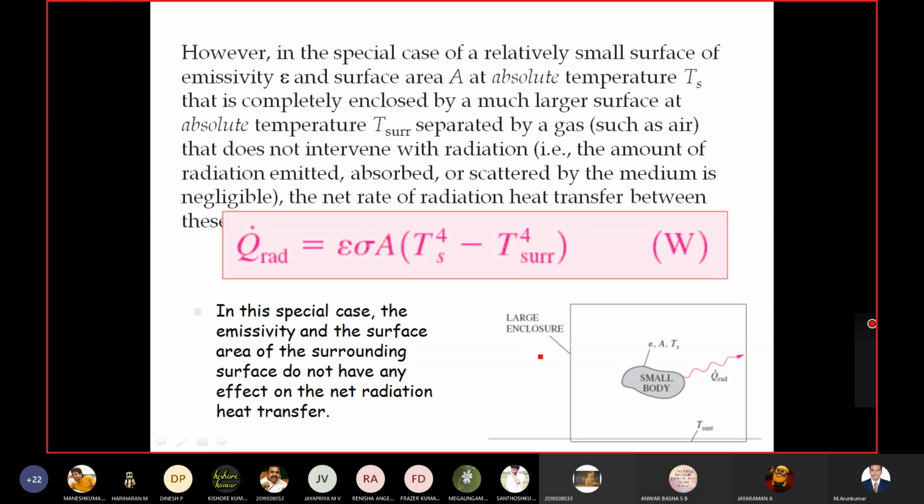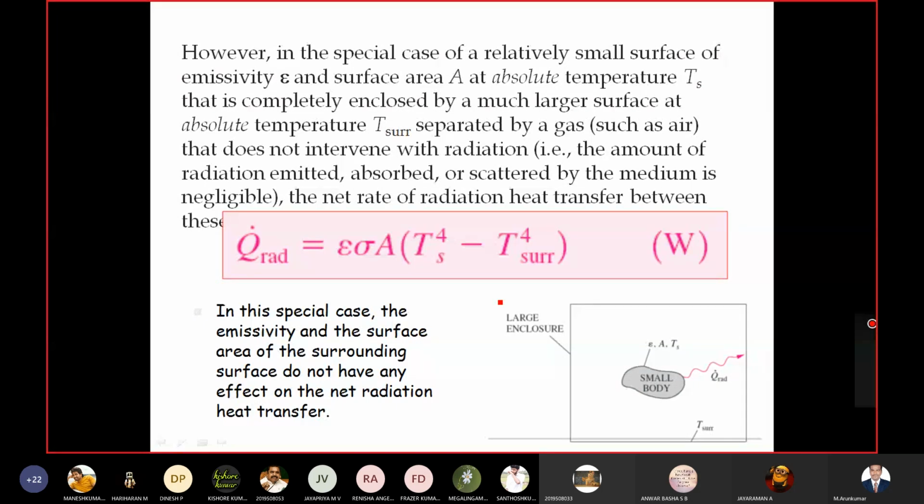So the large enclosure and the small body within it give the radiation heat transfer. Just take the formulas alone, and we can solve these problems.